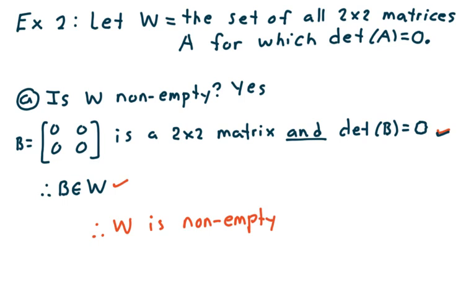And so that tells me that B belongs to W, and that shows W is non-empty. So notice, just like in example 1, we showed that W contains the 0 matrix to show that W is non-empty. It's really important.